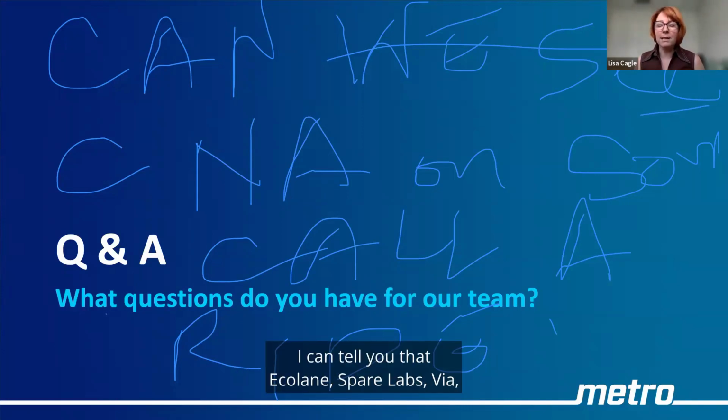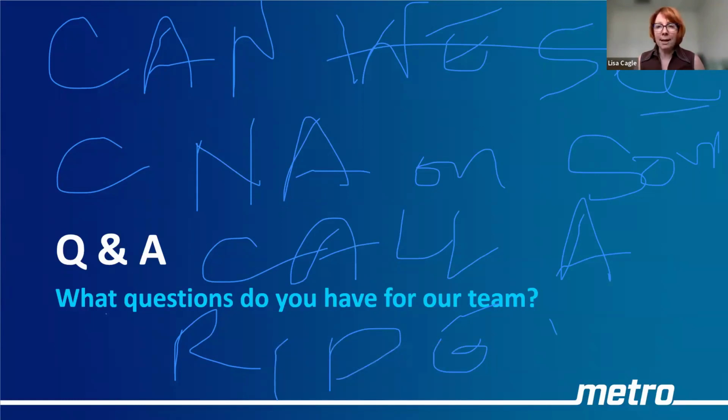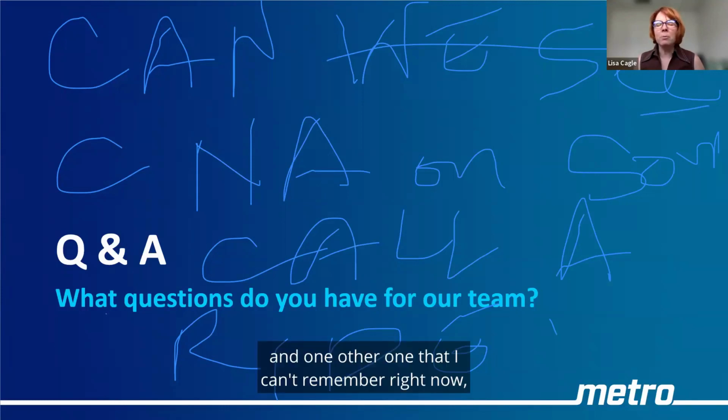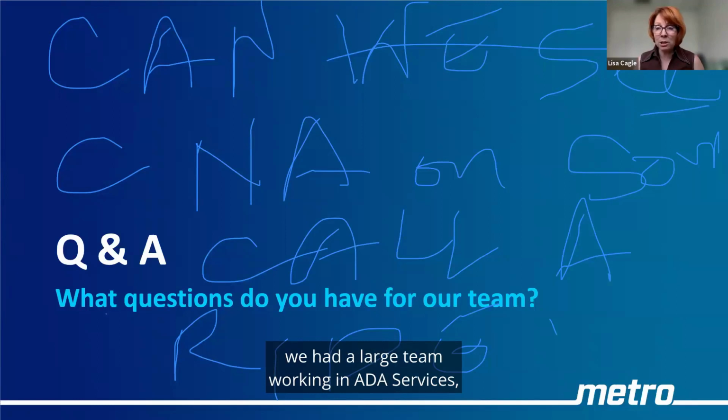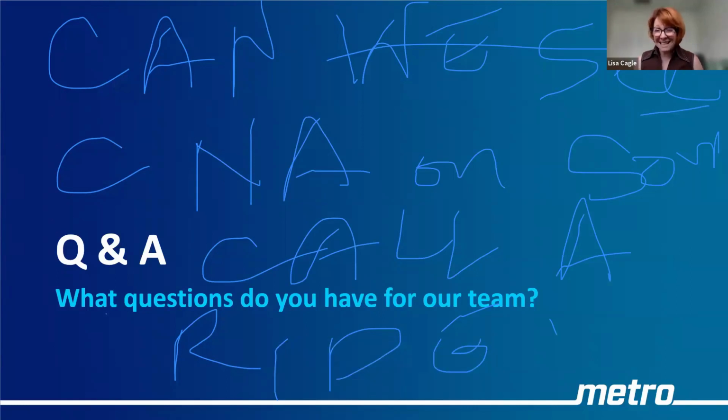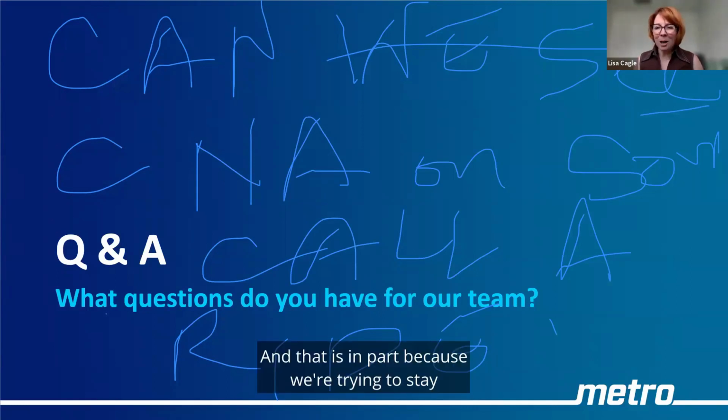I can tell you that Ecolane, Spare Labs, VIA, and one other one that I can't remember right now all presented full proposals. We had a large team working in ADA services, IT, and Colorado evaluate the proposals. We're going to select one and go with it and test it, in part because we're trying to stay on a tight timeline.